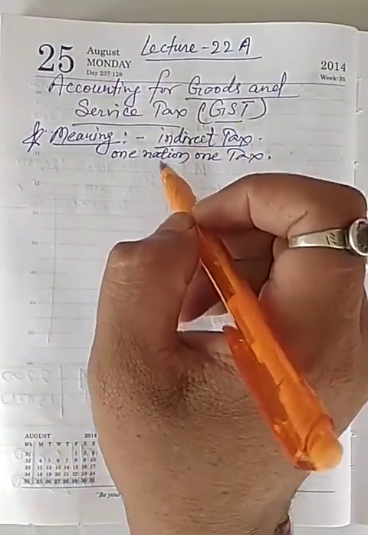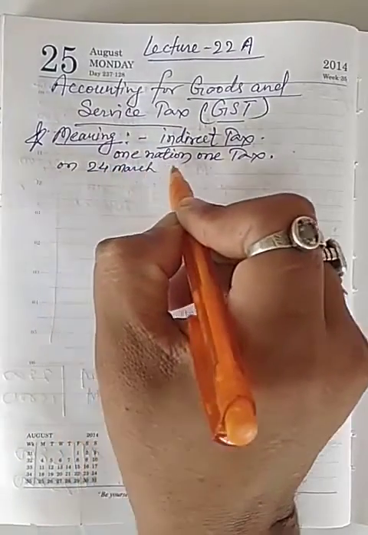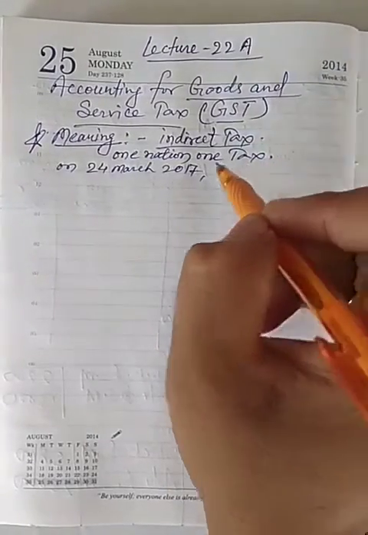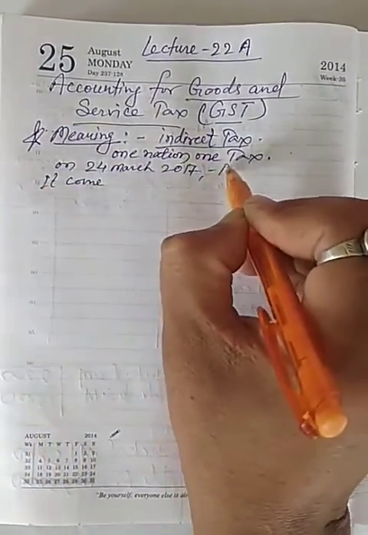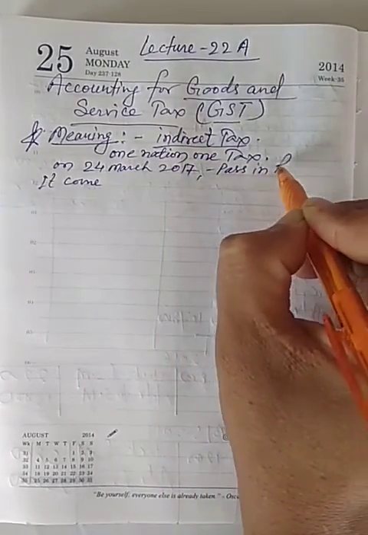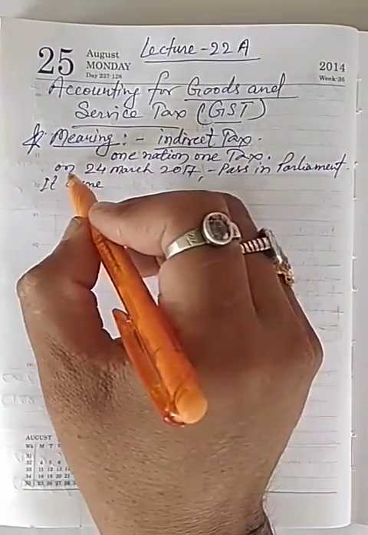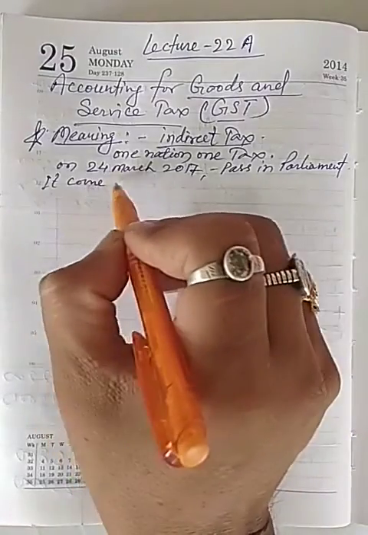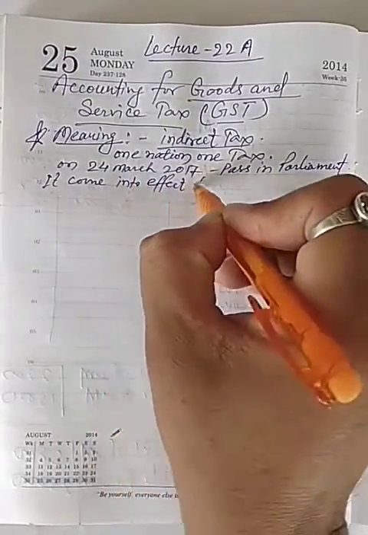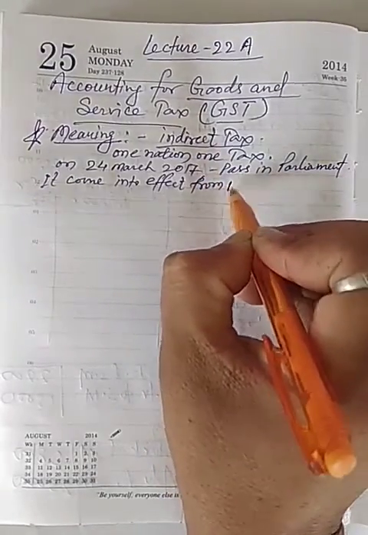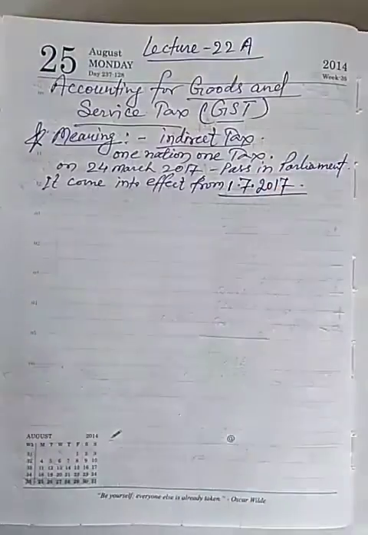The GST Act was passed in Parliament on 24th March 2017, and it came into effect from 1st July 2017.